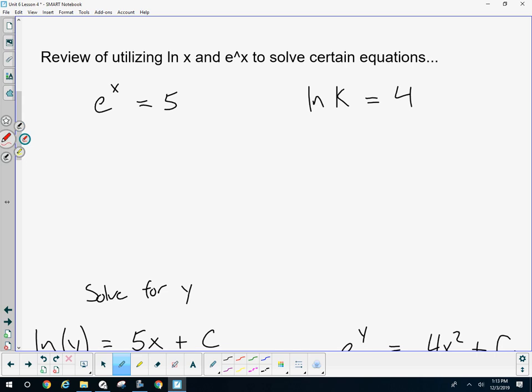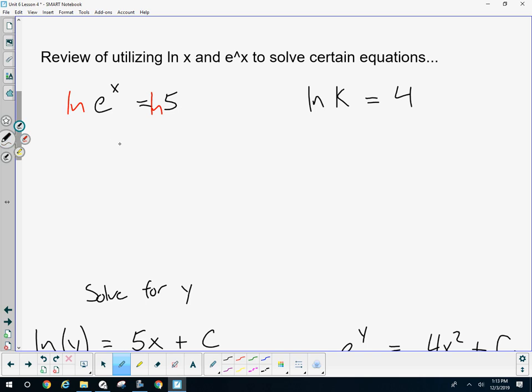Also, what we'll be using when we're solving these differential equations is our knowledge of the inverses e to the x and log x, how we can use one to undo the other. If it's just e to the x, and there's not a number in front of it, not a negative in front of it, you can take the log of both sides.